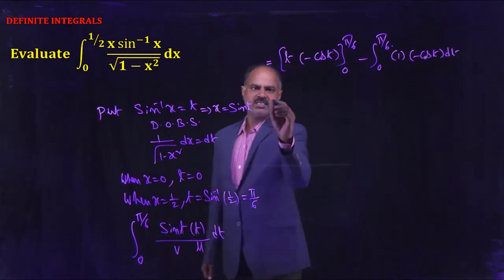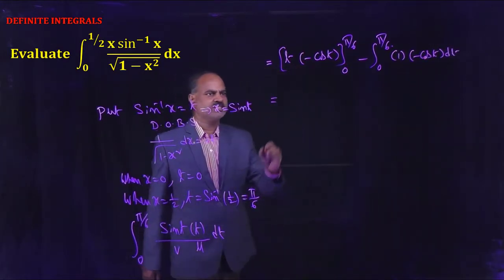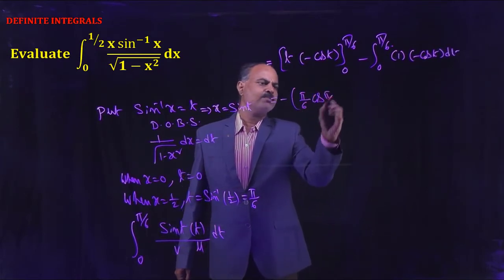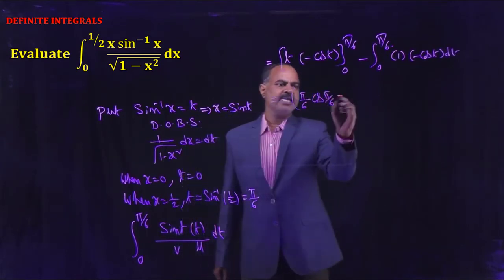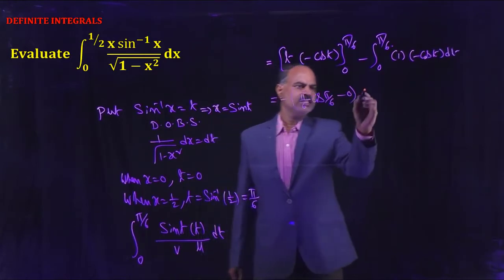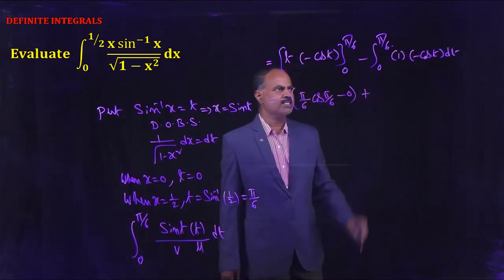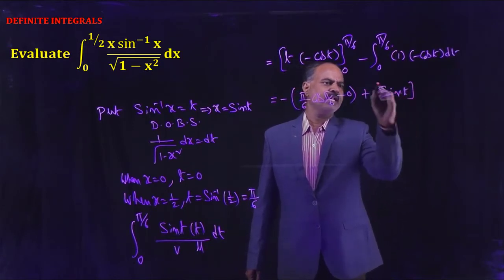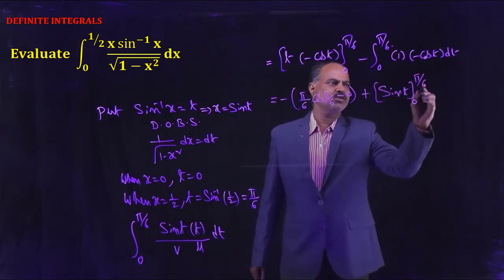Now first substitute upper limit in place of x. So that is minus of pi by 6 into cos pi by 6 minus 0. This minus into minus will become plus. So integral of cos t dt is equal to sin t, with limits 0 to pi by 6.